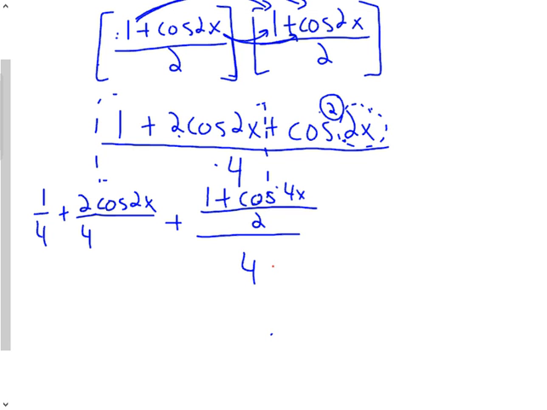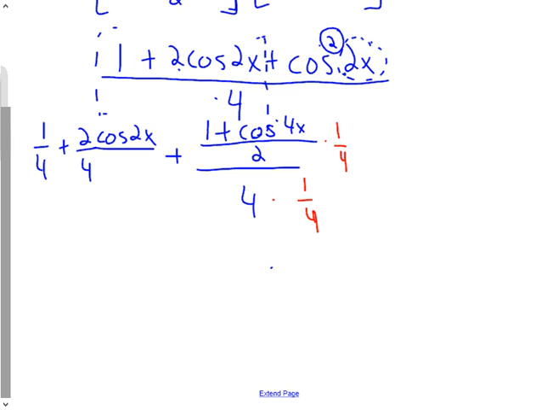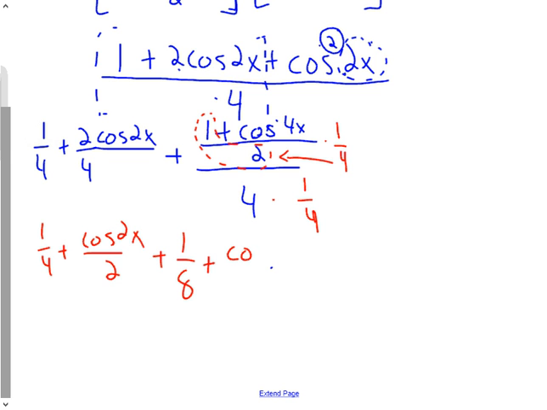And now simplifying this piece, again, this is the same as divide by 4 is the same as times 1/4. And now we've got 1/4 plus cosine of 2x over 2 plus the 4 goes to this part, and now we can separate. So 1/2 times 1/4 is 1/8. And then cosine of 4x over 8.